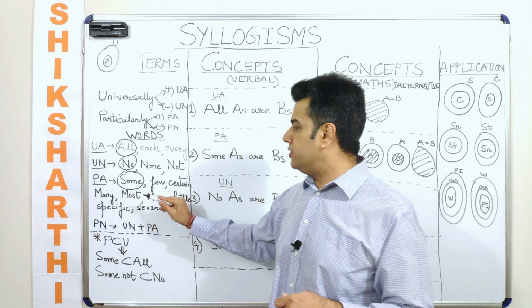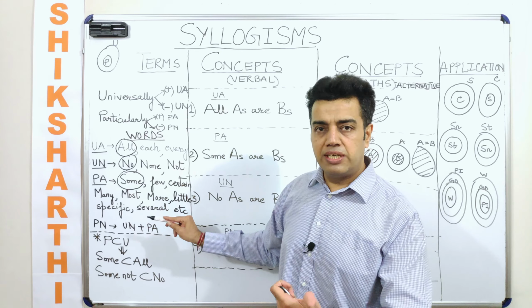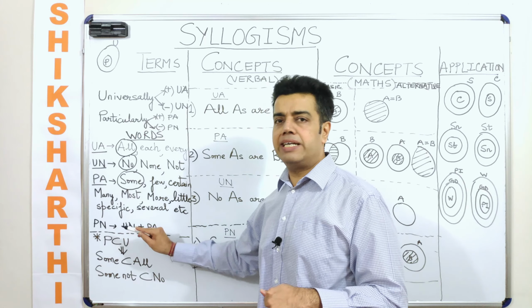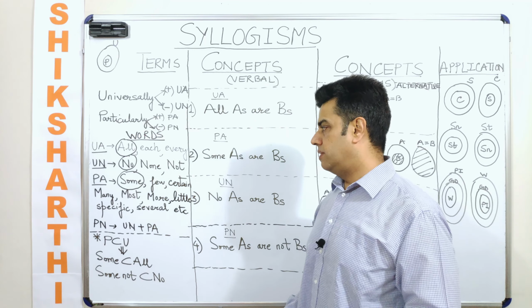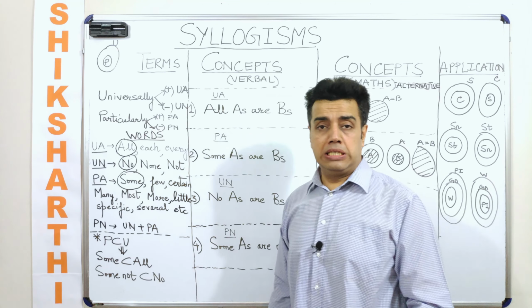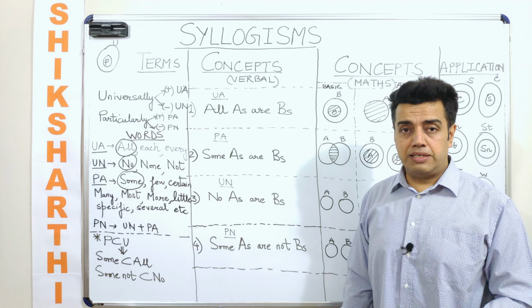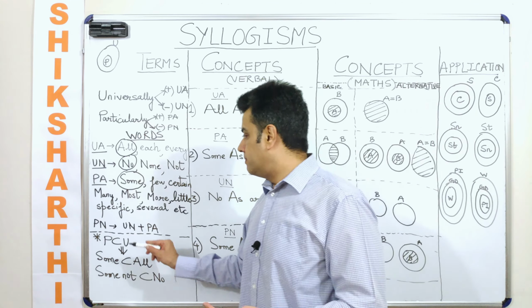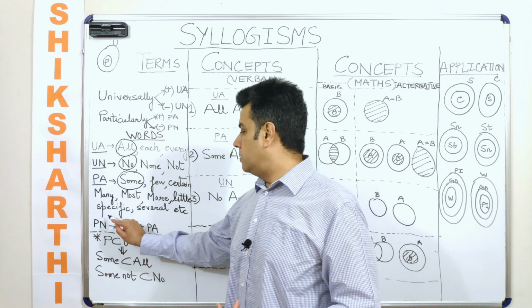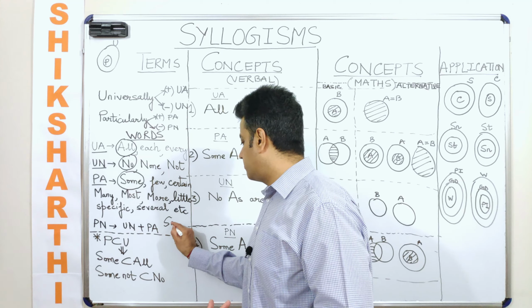And if I combine universally negative and particularly affirmative words, I can get what? Particularly negative words. Words like some not, few not, not many, not more, not most, not several, etc. So here, if I talk about particularly negative, I can simply say some not.